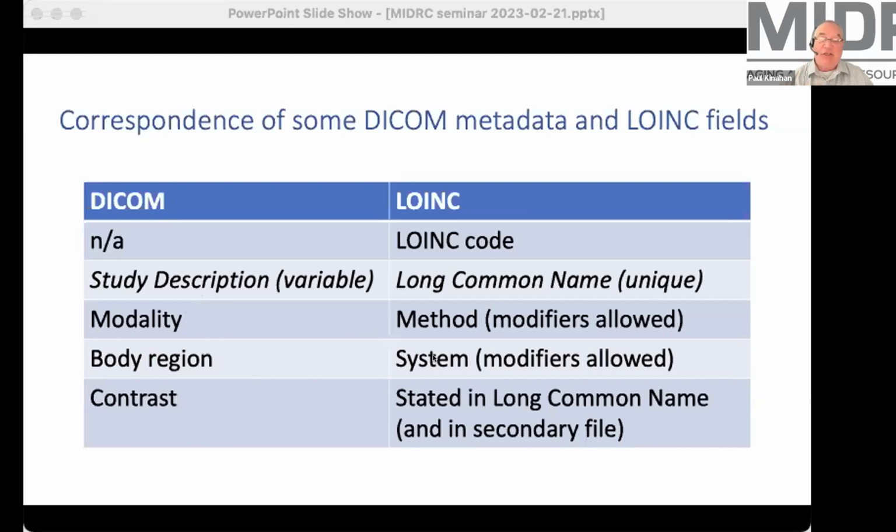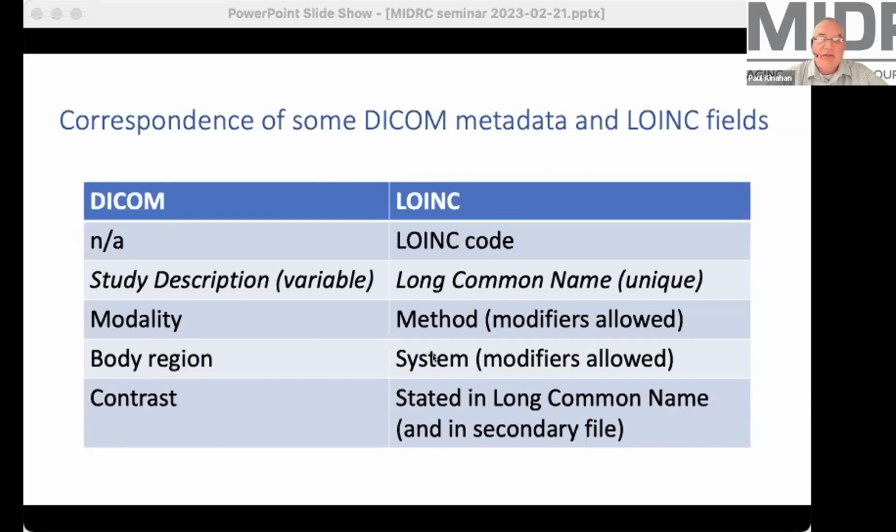I should also mention that for both the method and system, modifiers are allowed. So you could have XR for X-ray as a modality or method, but you can also append portable to that. So if it was a portable X-ray system, you can note that in LOINC, and it's again a controlled vocabulary.